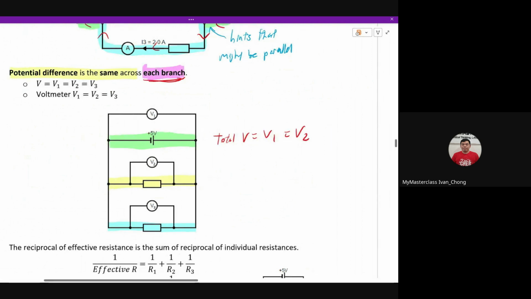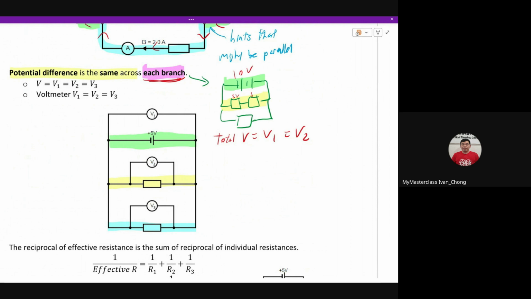Now, why do I need to emphasize about each branch? Because sometimes you have this kind of circuit. This entire stretch is the same as the one on top. So if this guy is 10 volts, the whole yellow is 10 volts. And if these two are the same, this will be 5 volts, 5 volts, if and only if they have the same resistance, then you can split nicely in two.